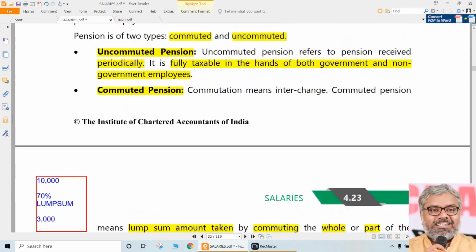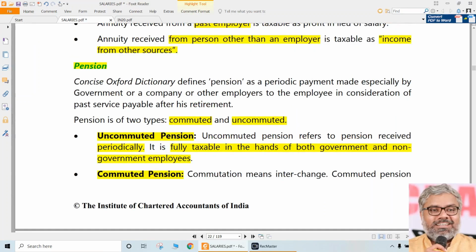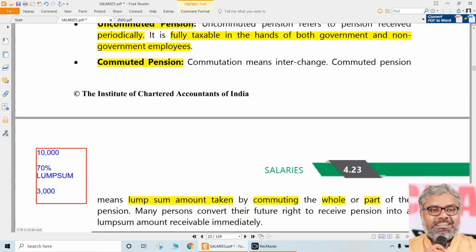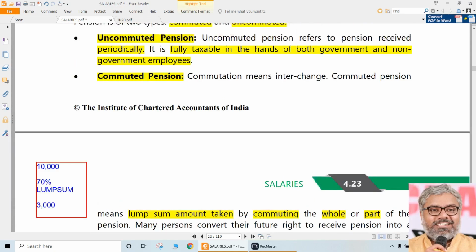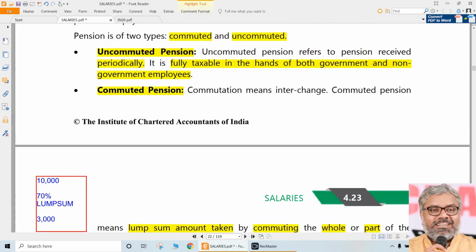Of course, we should also already know that the uncommuted pension is fully taxable. So this 3,000 rupees is fully taxable. That is uncommuted pension. There is no discussion required on that. It is taxable, that's all.